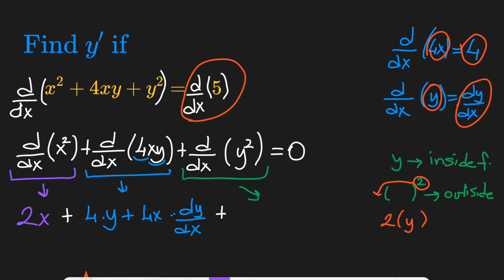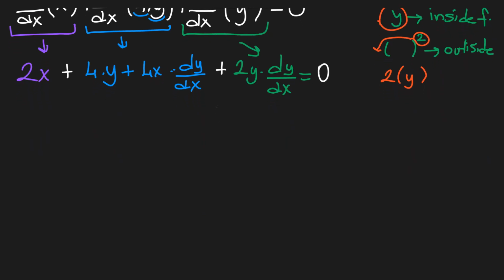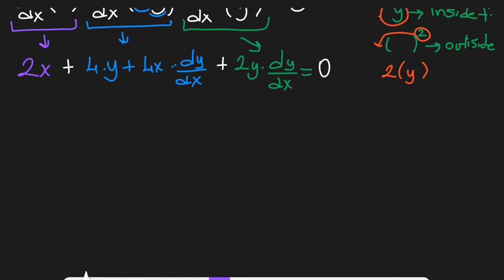Chain rule states the derivative of the outer function of the untouched inside function, 2y, times the derivative of the inside function with respect to x, dy over dx. Dy dx is the same as the derivative of y, so let's substitute this in this step.